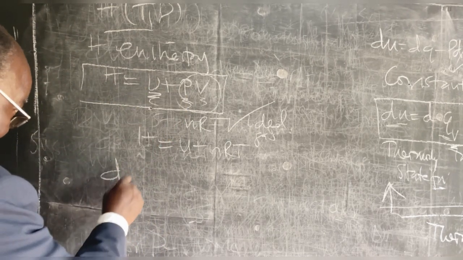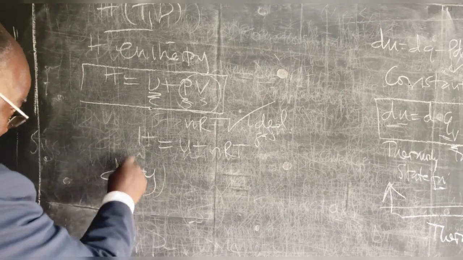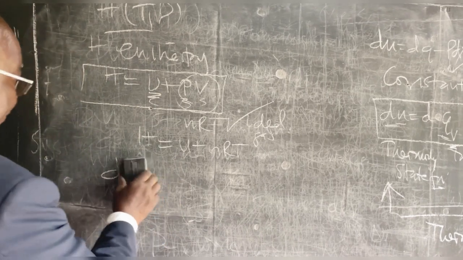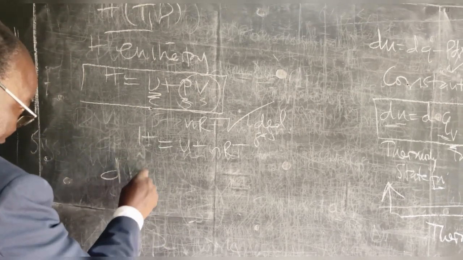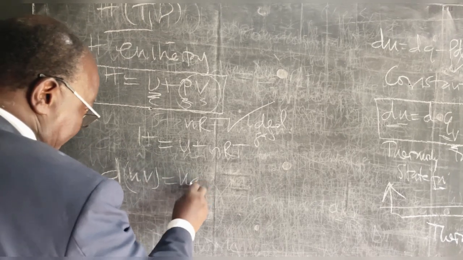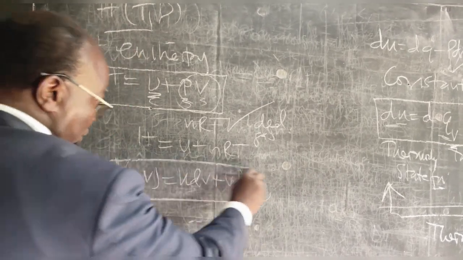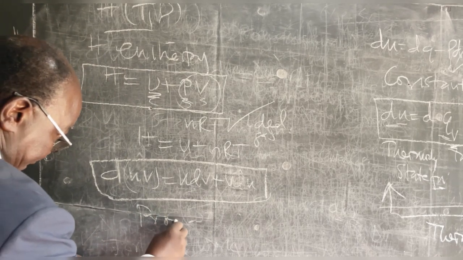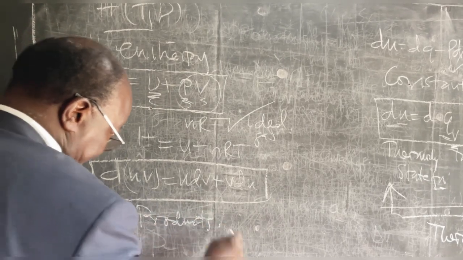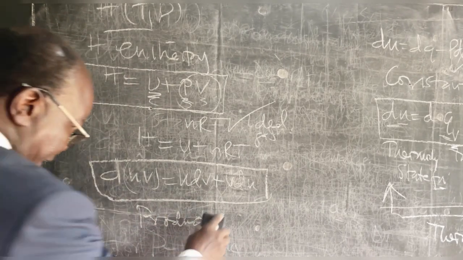For example, if you take the derivative of uv, then that becomes u dv plus v du. That's the product rule in calculus.